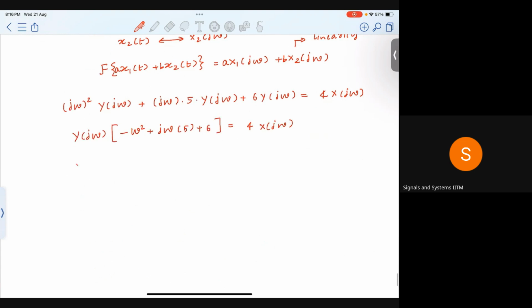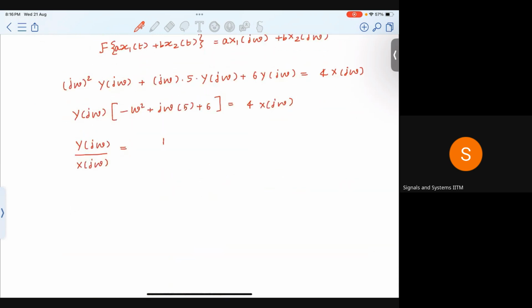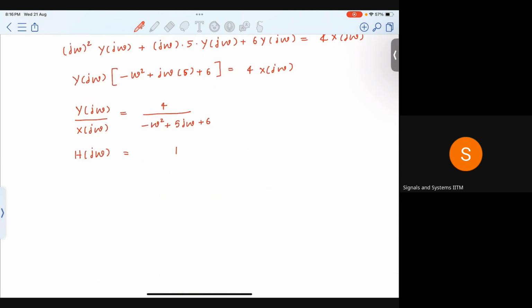From which you could see that Y of j omega divided by X of j omega is nothing but 4 divided by minus omega square plus 5j omega plus 6. As we have seen earlier, this is nothing but H of j omega, the frequency response of the system, which is 4 divided by 6 minus omega square plus 5j omega.